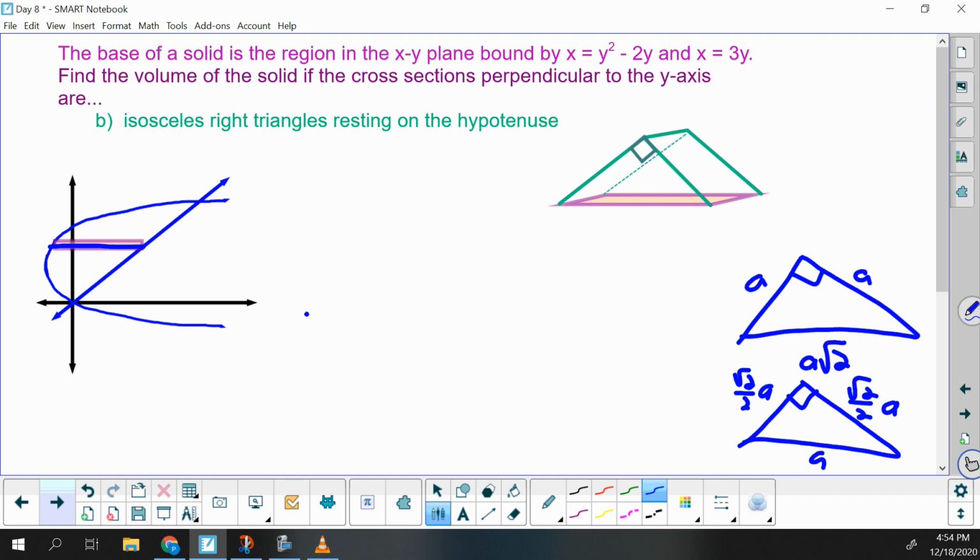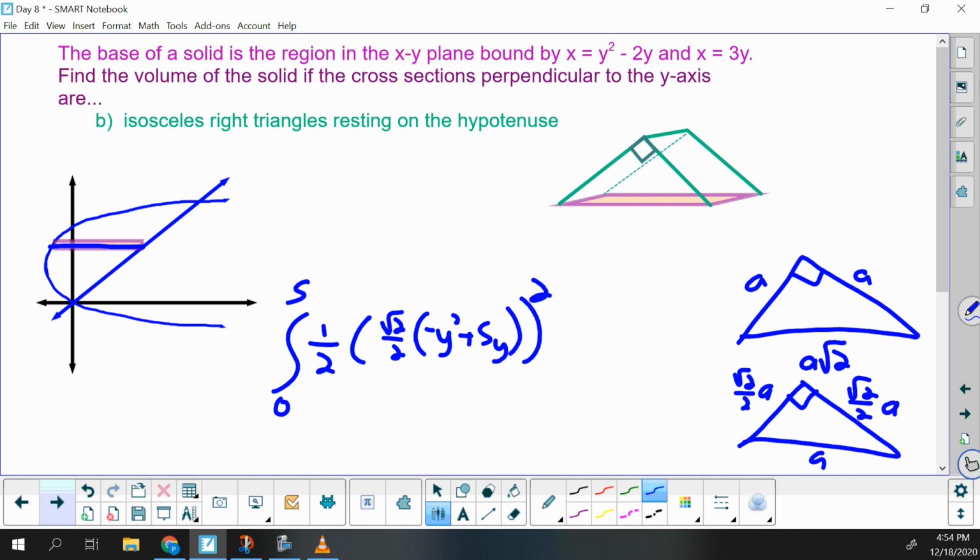So in our integral, we're going to be from 0 to 5 again because our bounds are the same. We have 1/2 because of the area of the triangle formula. And then base times height, they are both going to be square root of 2 over 2 times what our A was. And the A was the minus y squared plus 5y. And then that is all squared because the base and the height are the same.